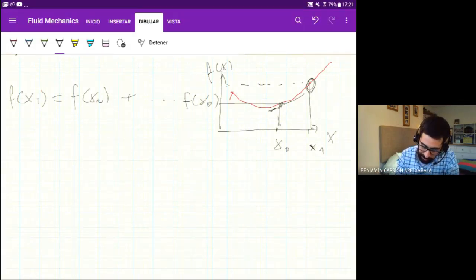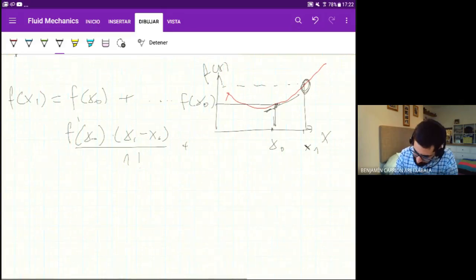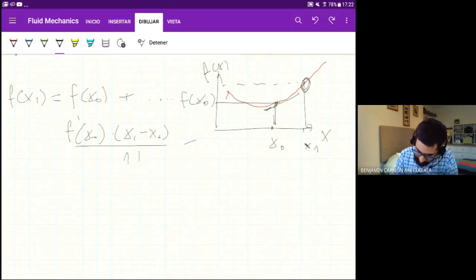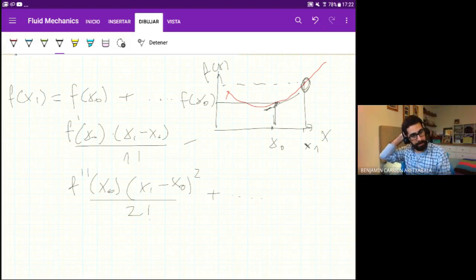So I'm going to write them down here: plus the first derivative of f at x0 times the difference x1 minus x0, divided by 1 factorial, plus the second derivative of f times (x1 minus x0) squared divided by 2 factorial, plus it goes on and on infinitely, right?